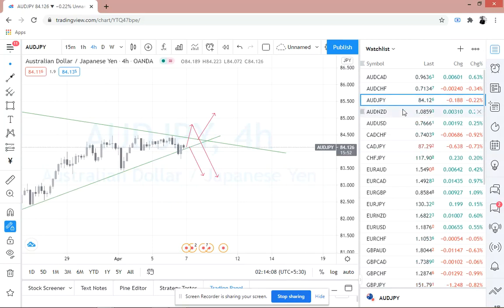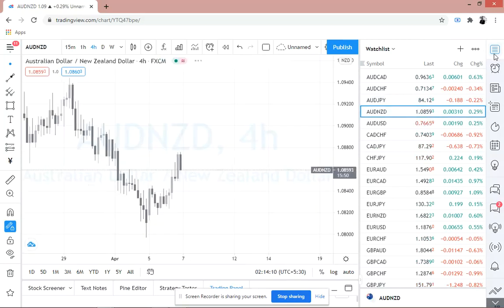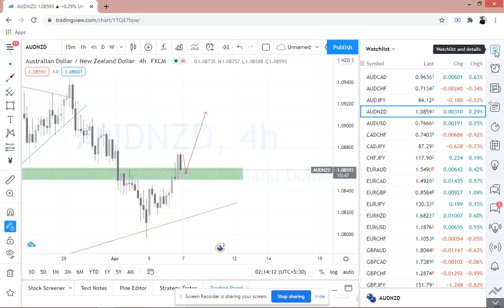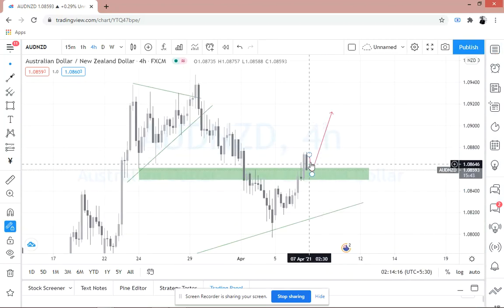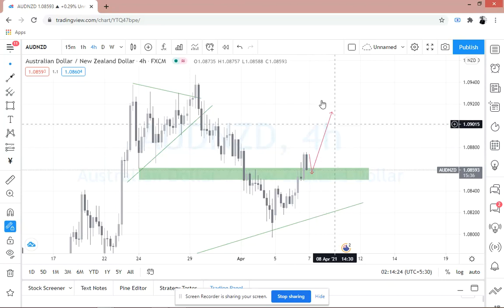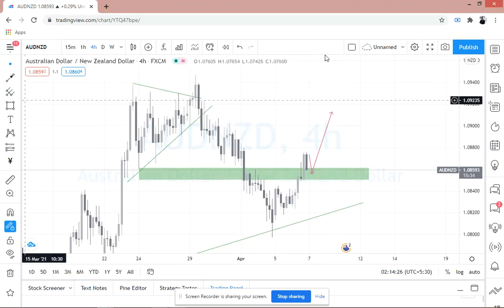On AUDNZD, the market is making some retracement. Once the market gets rejection here and buyers show up on the next candle, that is when you should start buying. This is what I mean.